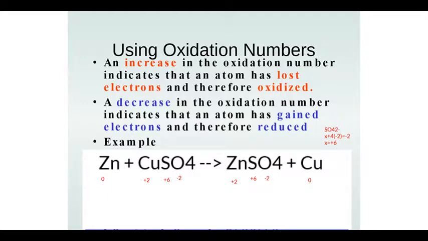As we go across, hopefully you can see that we've got some change happening on each side. So zinc from here to here is going up. And when it increases, we say that the element was oxidized.